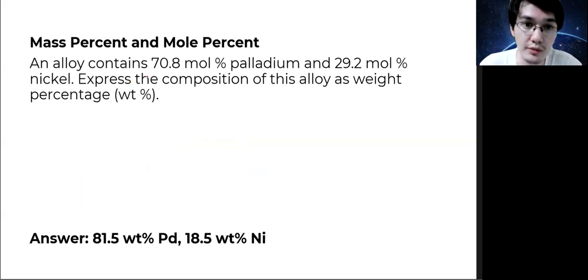So another problem, we are asked to convert mole percent to mass percent of an alloy, which is composed of 70.8 moles of palladium and 29.2 moles of nickel.